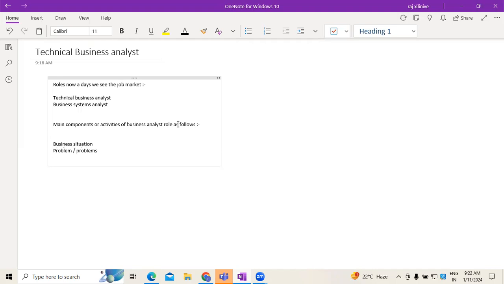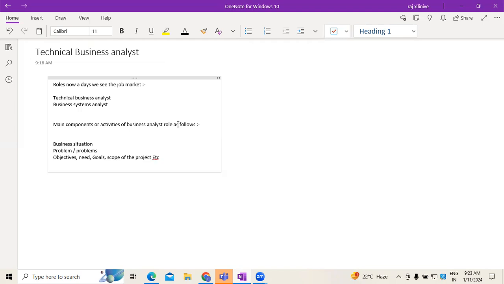Next, understanding the business objectives, need, goals, scope of the project, right, etc. So these are the major areas.